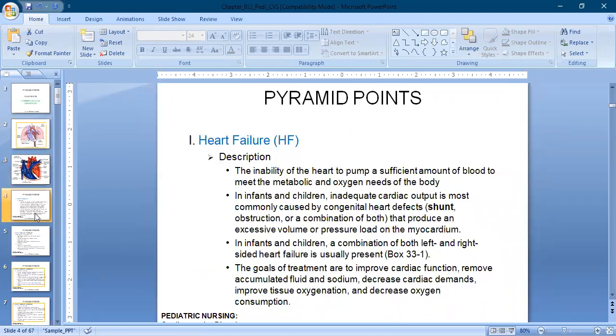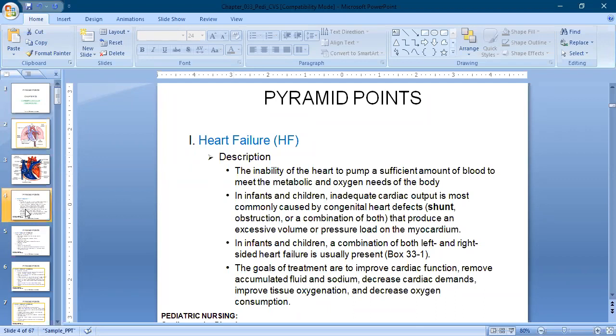But heart failure is most common in elderly patients who have atherosclerosis, angina or myocardial infarction, right? So in adults, that is another disease. But in children, why is heart failure common? Because of congenital heart disease, right?